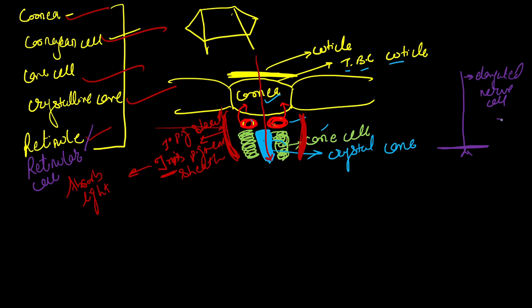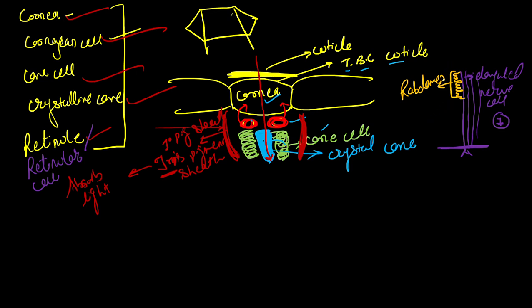Now, like this, how many retinular cells do you have? You have 7 retinular cells: 1, 2, 3, 4. You have 7 retinular cells. Now, from these retinular cells, what will come out? Microvilli-like structures will come out. These microvilli-like structures fuse together to form rhabdome.